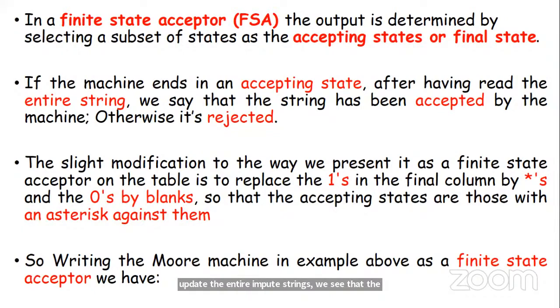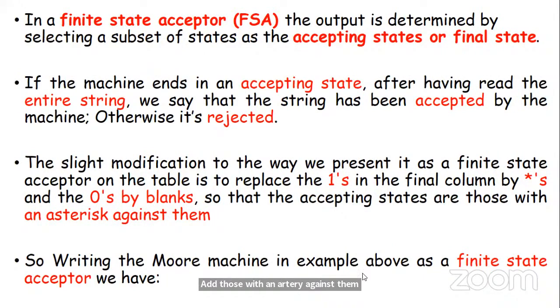Otherwise, it is rejected. The slight modification to the way we present it as a finite state acceptor on the table is to replace the ones in the finite state column by an asterisk, and the blank and the zero by blanks, so that the accepting states are those with an asterisk against them.